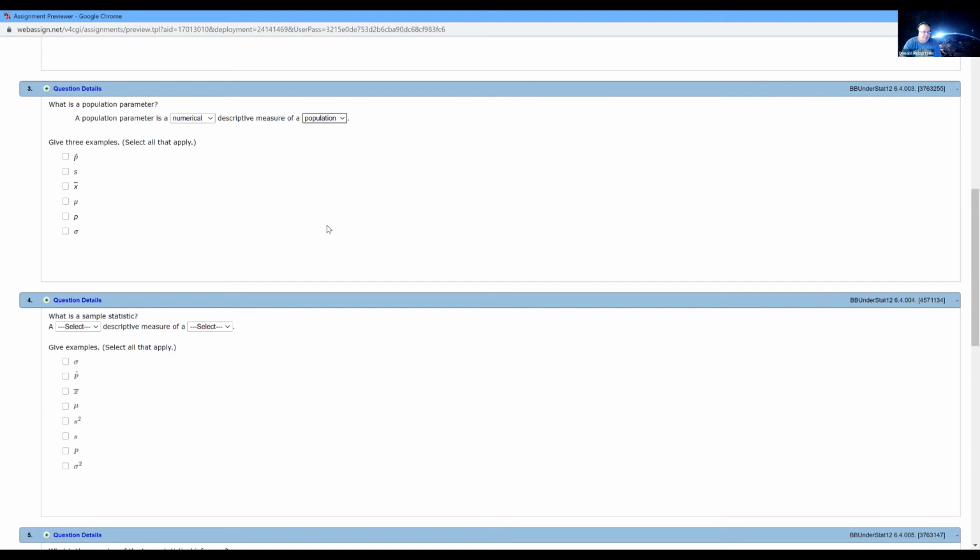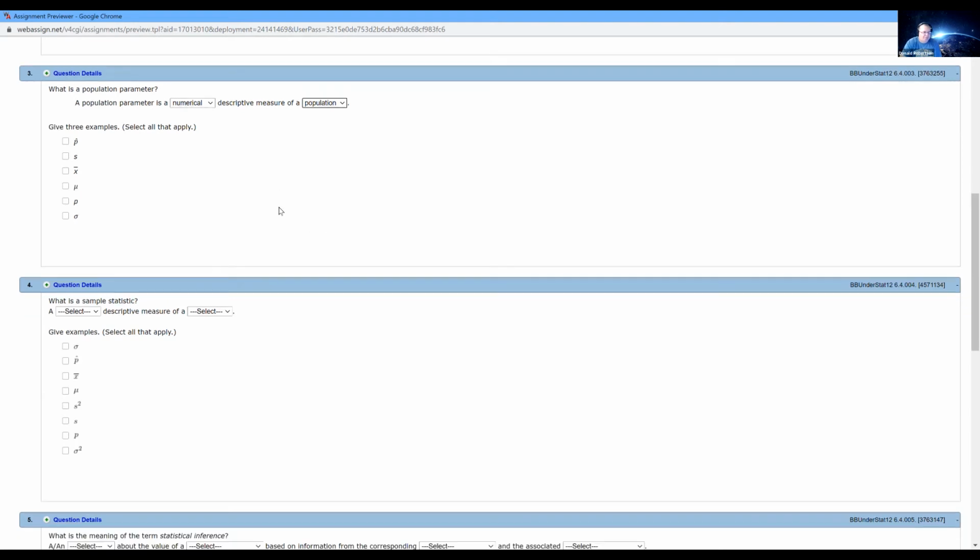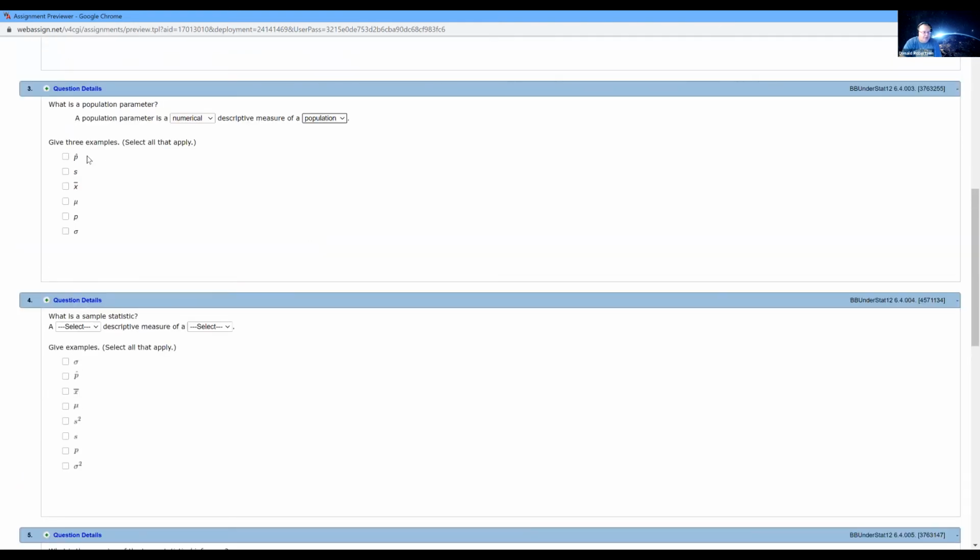Give 3 examples of a parameter. Now, there's a little guy here that you probably haven't seen yet. It's P with a little hat on it. That's how you say it, P hat. That's typically the symbol that you use when you ask people, are you in favor of abortion? And 22% say yes. P hat would be 22%.